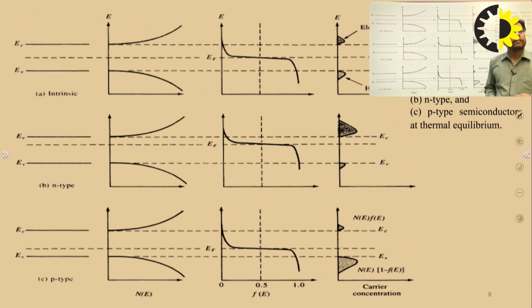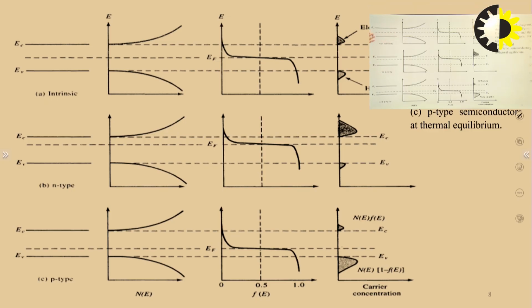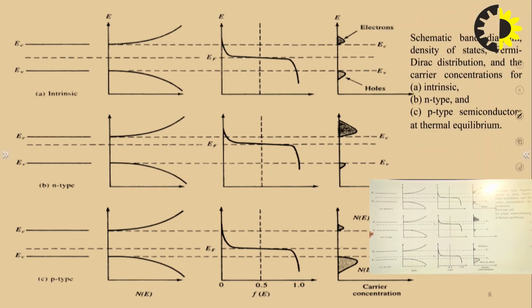Next, this diagram is showing the Fermi-Dirac distribution for intrinsic semiconductor, N-type semiconductor, and P-type semiconductor. You can see here, this is the condition for the intrinsic semiconductor, where we have the valence band energy level, the conduction band energy level, and a dotted line showing the Fermi energy level in all the types of material.